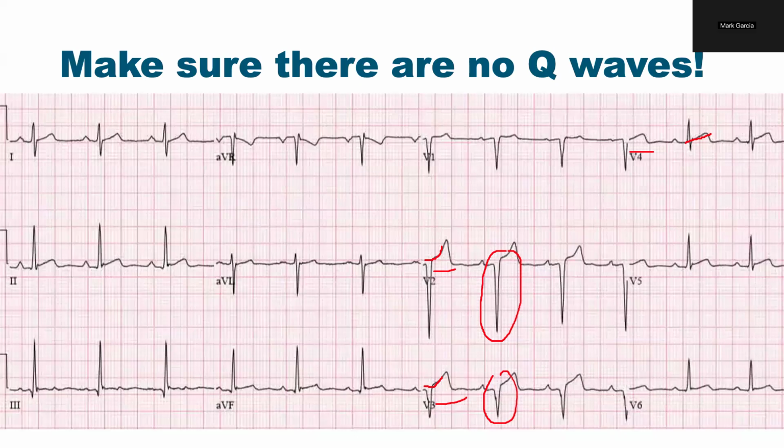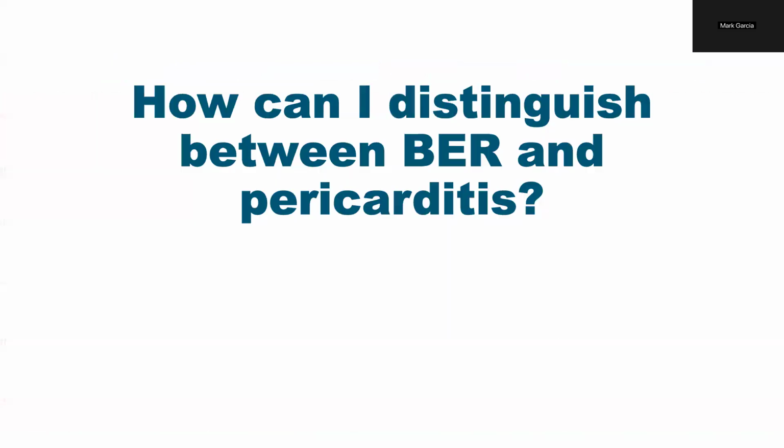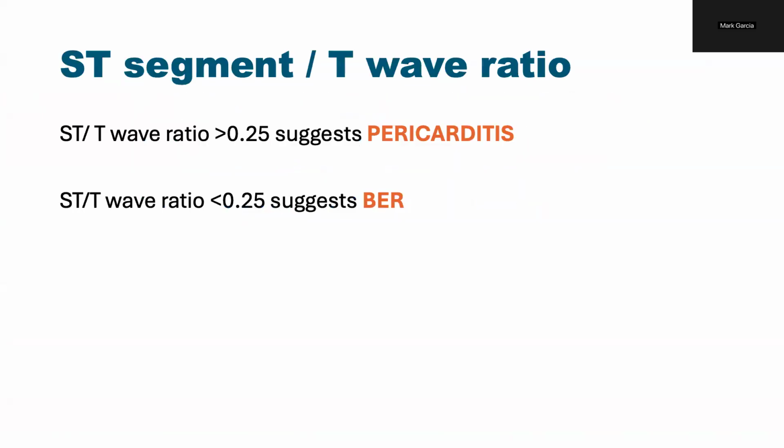Now how do you distinguish between benign early repolarization and pericarditis? Because that's another differential to look for when you see ST elevation. One of the things that you should be looking for is the ST segment to T wave ratio.